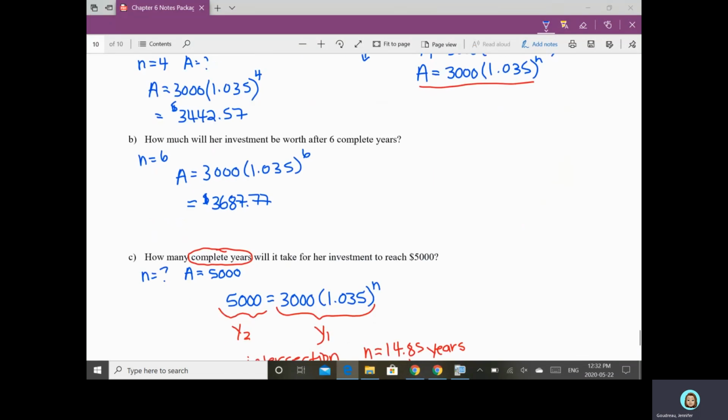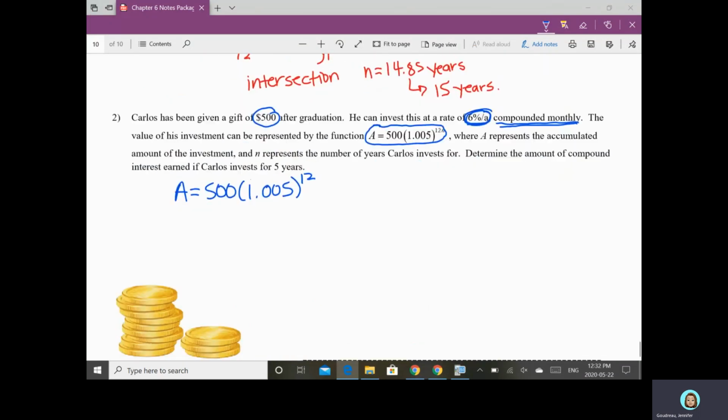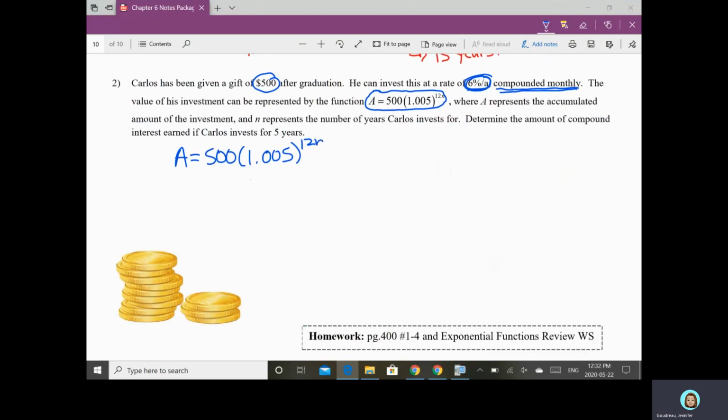And then we divide it by 100 to get it as a decimal, and then 12n. The 12 is again coming from 12 times per year. So even though we're not responsible for creating that compound interest formula, we should be able to understand where the numbers are coming from. Okay, A represents the accumulated amount, N represents the number of years Carlos invests for.